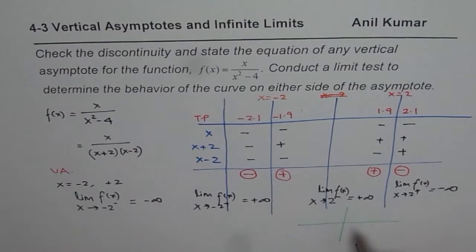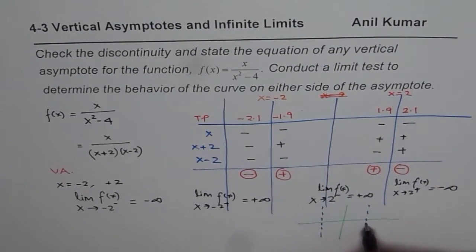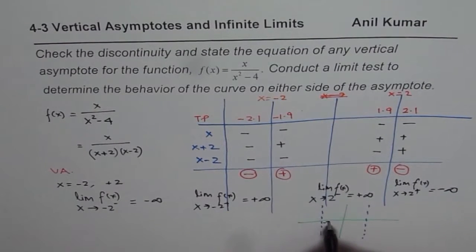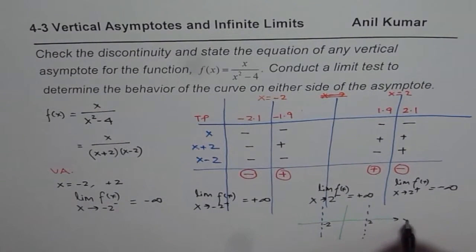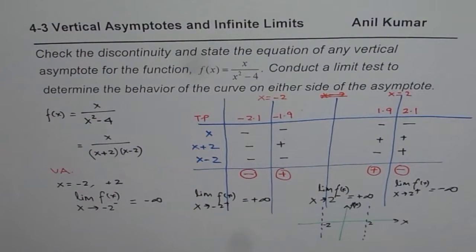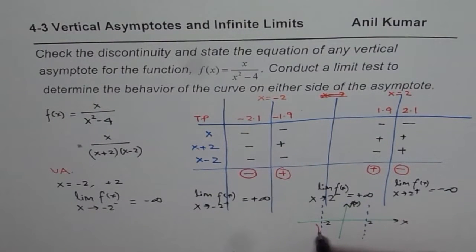We do have two vertical asymptotes. One is at plus 2, the other one is at minus 2, right? So these are my two vertical asymptotes, minus 2 and plus 2. This is the x-axis, this is my function f of x, correct? Now we are saying that when the function approaches minus 2 from the left side, then it is going to negative infinity.